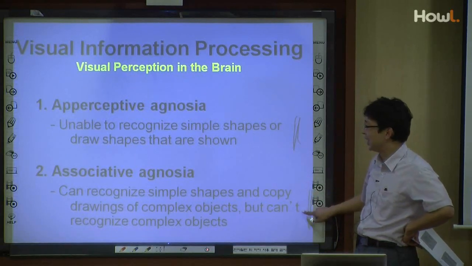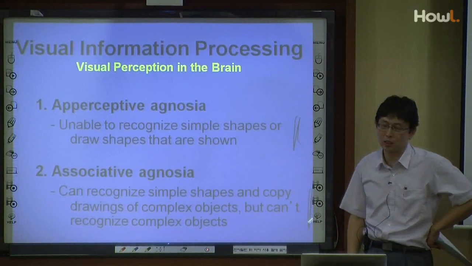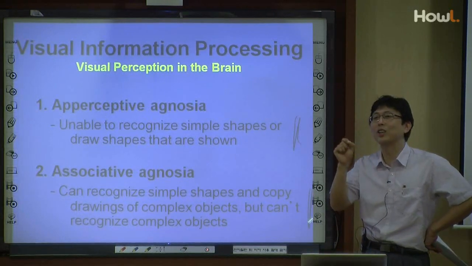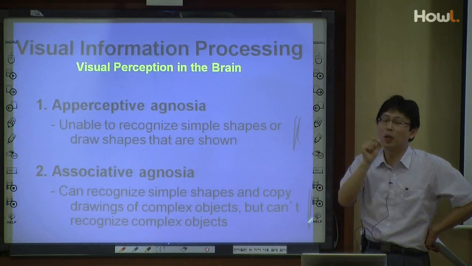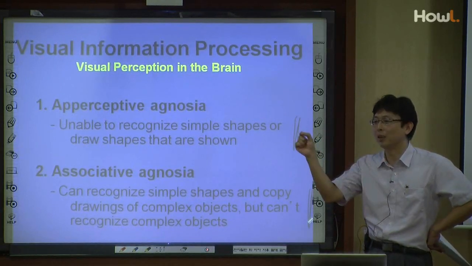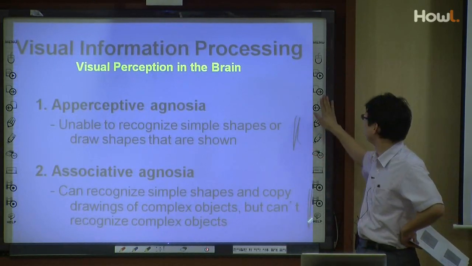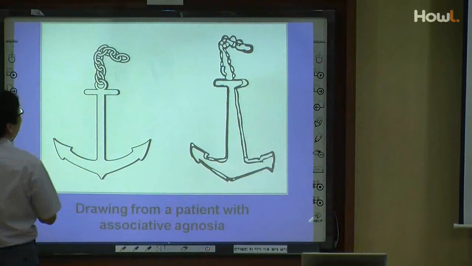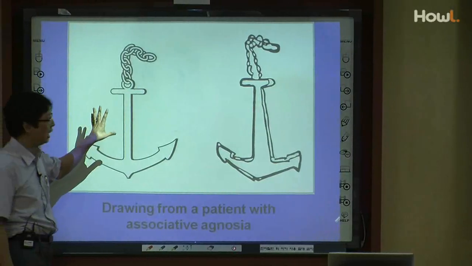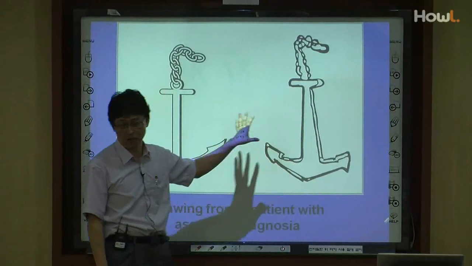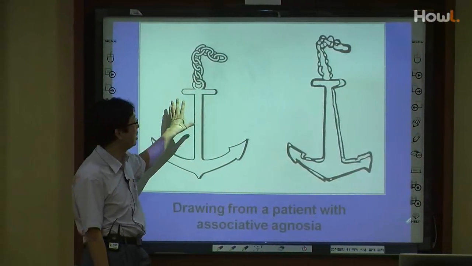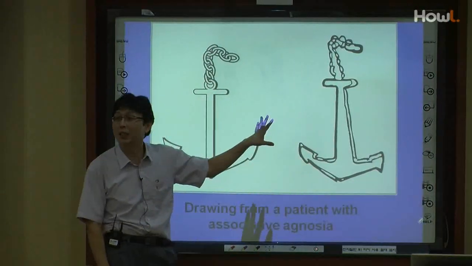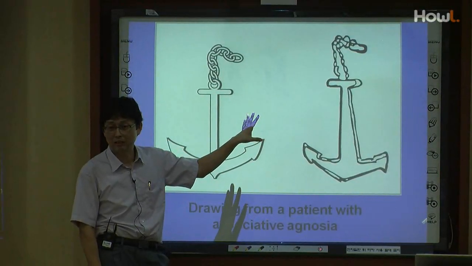The second problem is that they can recognize the shape, but they cannot associate what they have seen with an object. Associative agnosia is this kind of thing. They can copy this picture. When they see this one, they can copy it, but they don't know what it is.